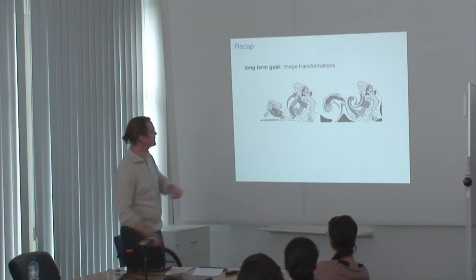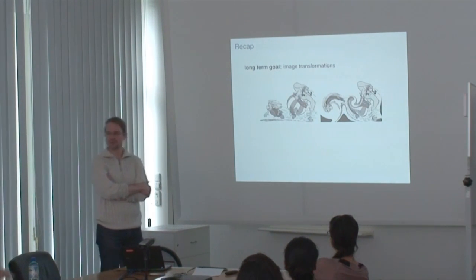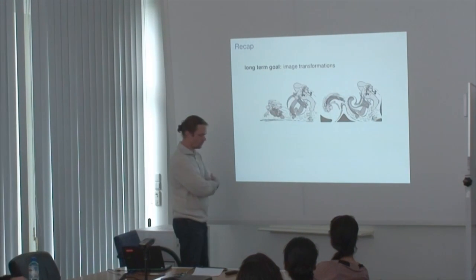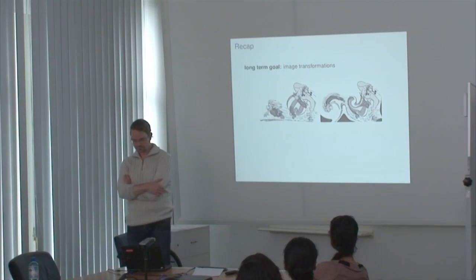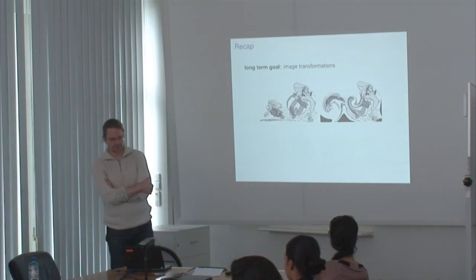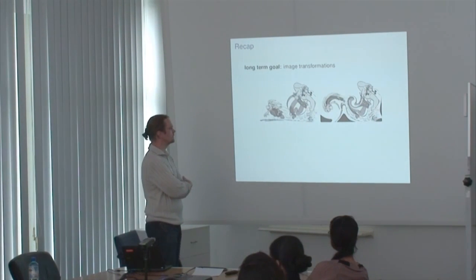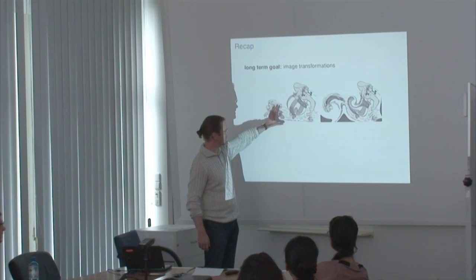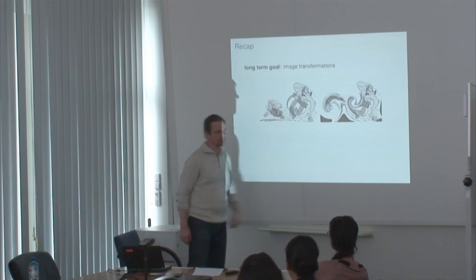So this is another brief motivation of our long-term goal in this lecture. In the end, once the semester is over, we want to understand how we can turn something like this into something like that.